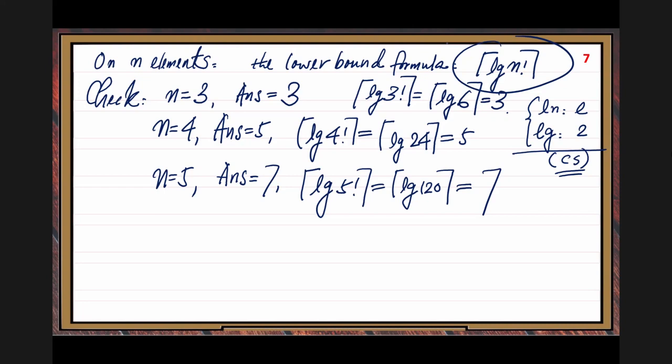It's called the decision tree method. What's that? You draw a decision tree.